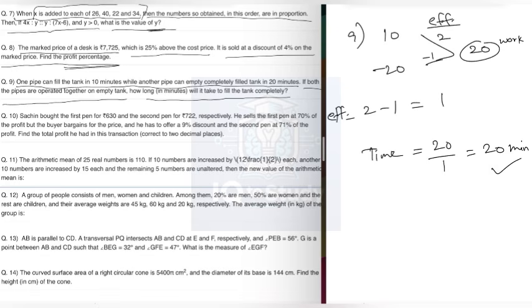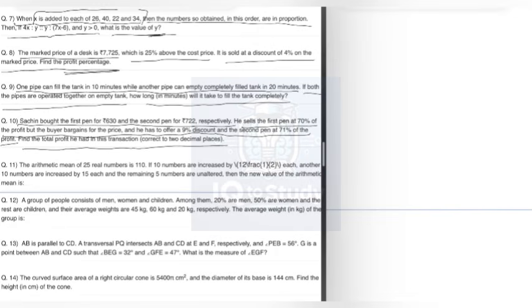Sachin bought the first pen for 630 rupees and second pen for 722 rupees respectively. He sells the first pen at 70% profit, but the buyer bargains for the price and he has to offer a 9% discount, and the second pen at 71% profit. Find the total profit he had in this transaction, correct to 2 decimal places.